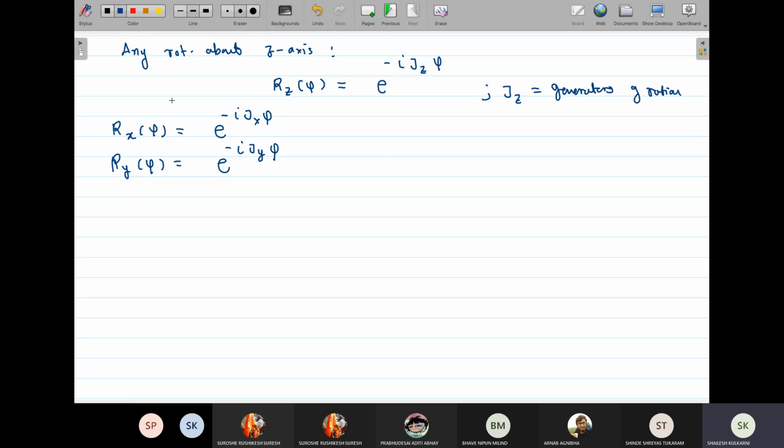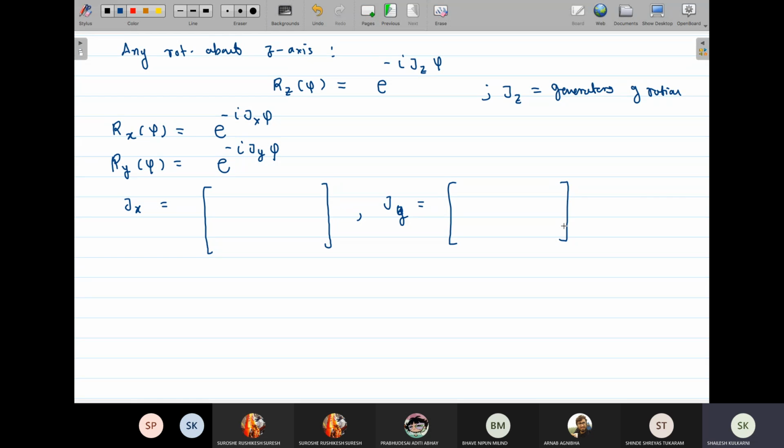So in this representation, I require just 3 angles, where this Jx and Jy will be some 3 cross 3 matrices, which can be obtained by following the same procedure.